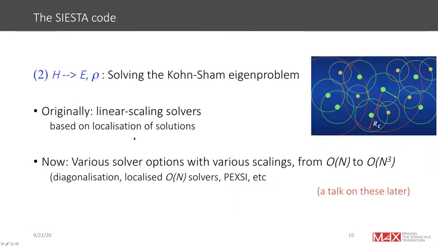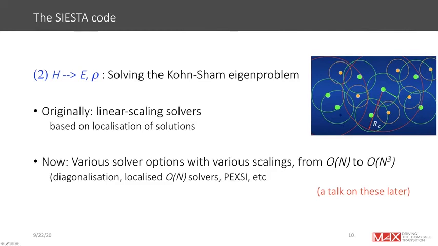Then there is a second step, which is, given the Hamiltonian matrix and the overlap, you want to get the energy and the density itself, that is, solving the Kohn-Sham eigenproblem. Originally, Siesta was devised with linear scaling solvers that were based on localization of solutions.